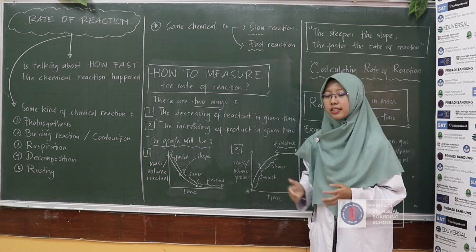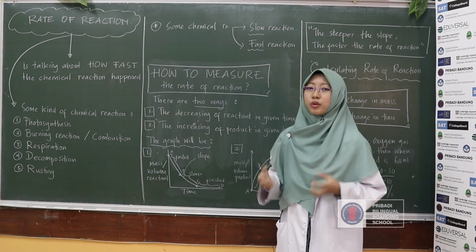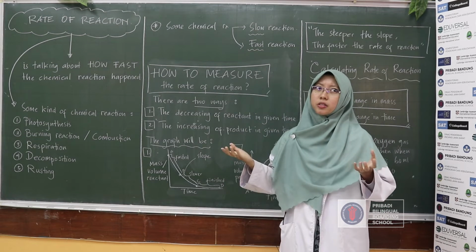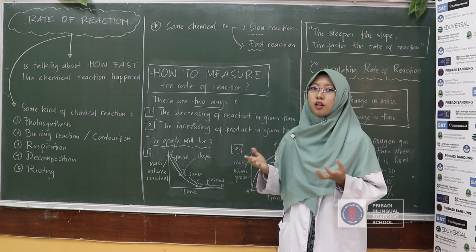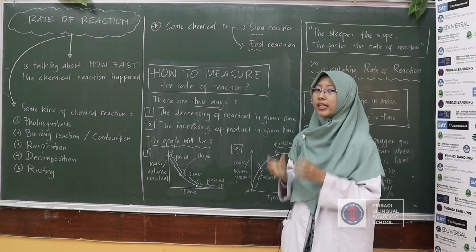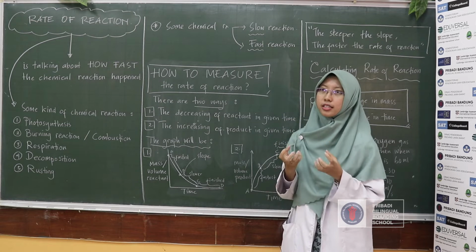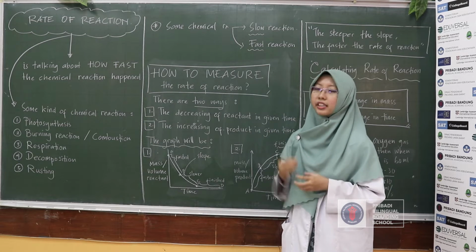A slow reaction means the chemical reaction happens over a long time. It may need many years, maybe 1,000 years, to happen. While in a fast reaction, the chemical reaction happens in a short time. We need just a little bit of time to make it happen.